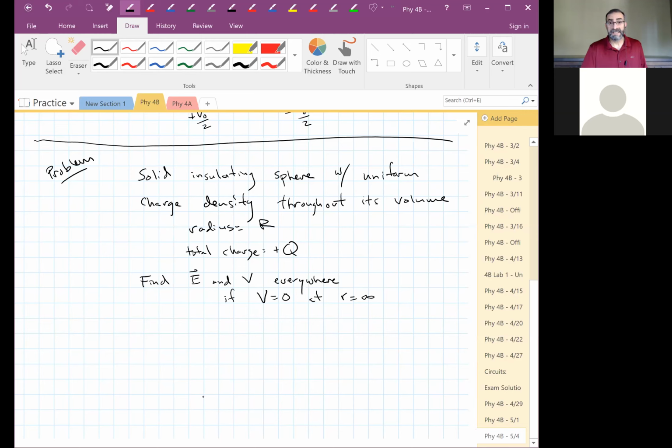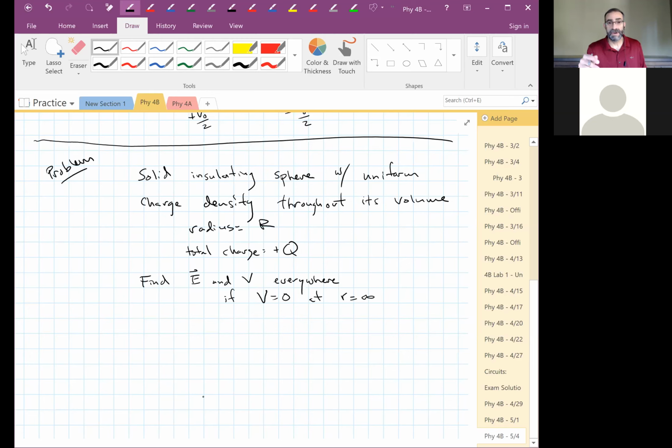So what is this? This is a typical Gauss's law problem to find electric field, right? Because it's spherically symmetric. And we know that integrating over a three-dimensional charge distribution to find the electric potential is very difficult. So chances are that's not the best approach to use.